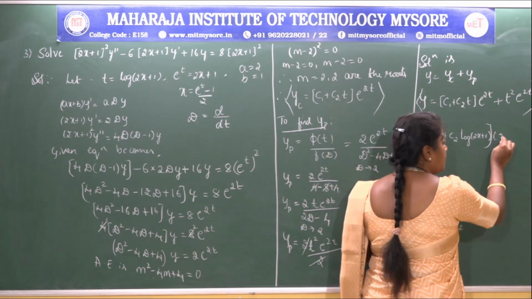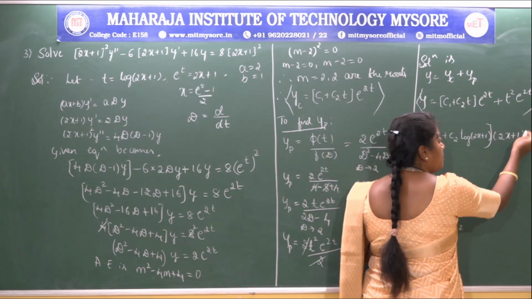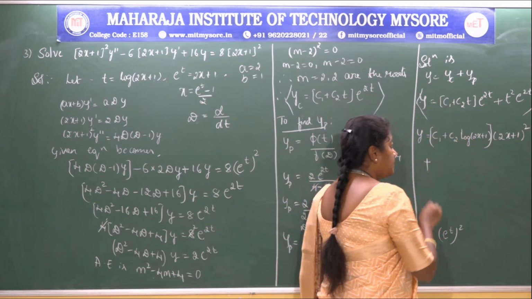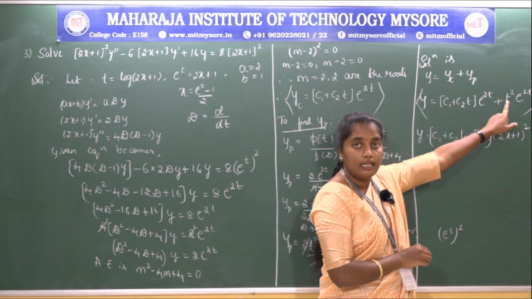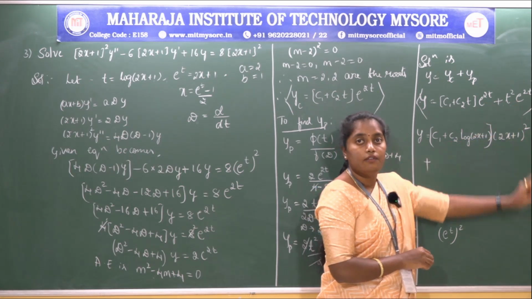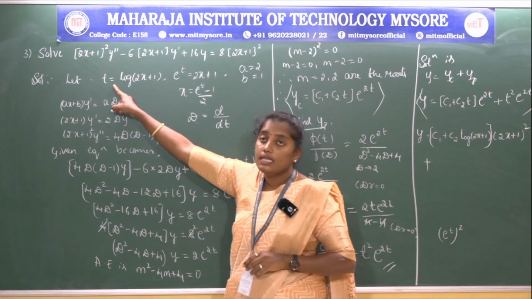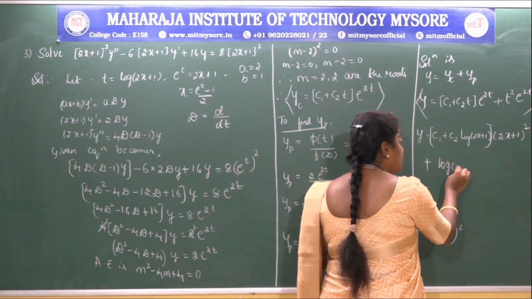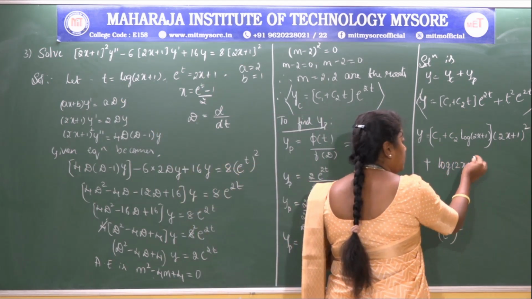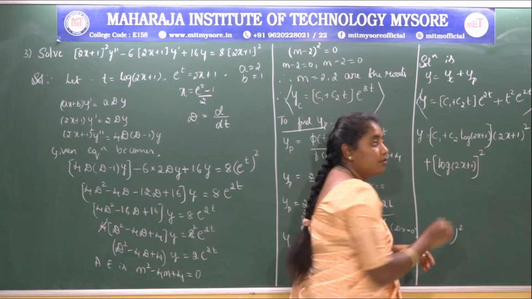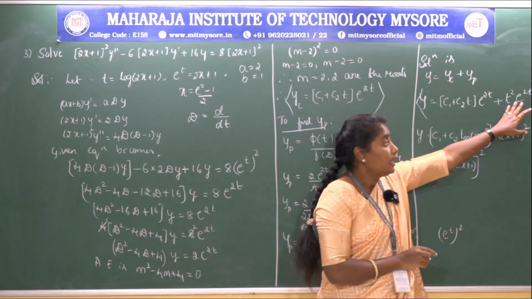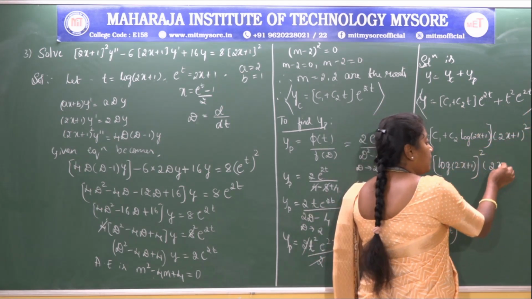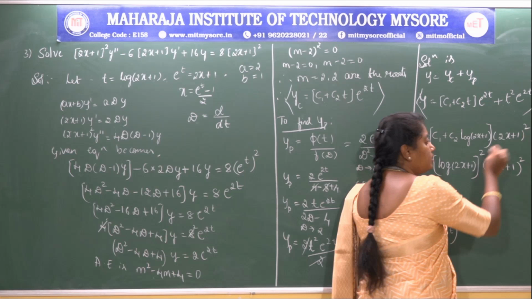So hence we get 2x plus 1 whole square, that is the complementary function, plus what we have for the particular integral, t square e power of 2t. Again the value of t is log of 2x plus 1, so log of 2x plus 1 whole square, into e power of 2t, which is 2x plus 1 whole square.